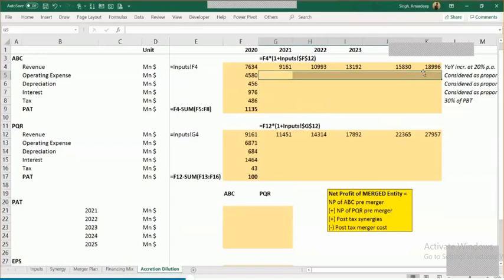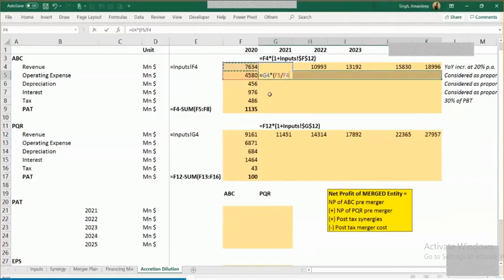So what we are going to do as a next step is take my revenue and multiply it with the percentage, which is nothing but the operating expenses as a percentage of revenue. But bear in mind that you have to copy and paste this formula down as well for the depreciation and interest expense.